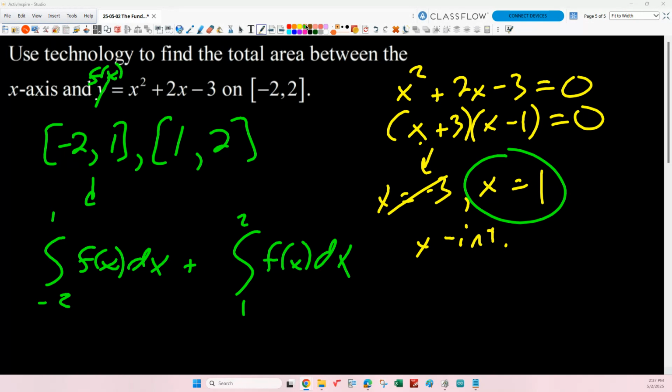I take the absolute value of that area plus the absolute value of that area. As a general strategy, all I have to do is find all of the interior x-intercepts and integrate over the intervals broken up by those x-intercepts, taking the absolute value of each definite integral we calculate. Each area that we calculate, I just need to make positive.